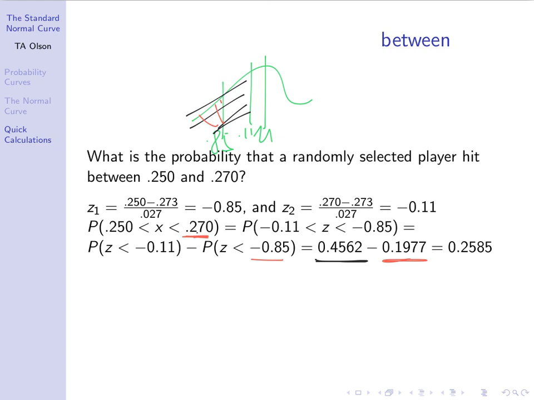This difference is our gap in the middle, and that is 0.2585. A little more than 25% of the players hit between 250 and 270. Okay? All right. So let's do it right, and I will see you in the next class.